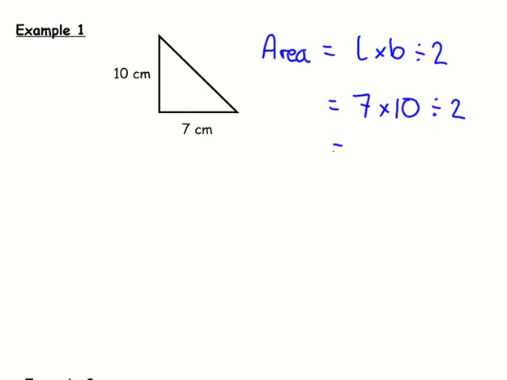So 7 times 10 is 70, but we then divide that by 2. So our final answer is 35. Just rewrite that, make it clear. So 35.